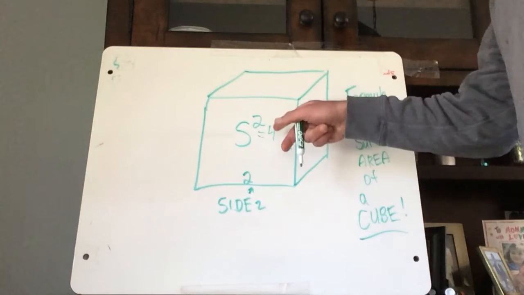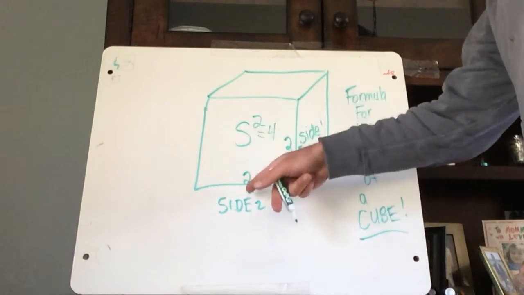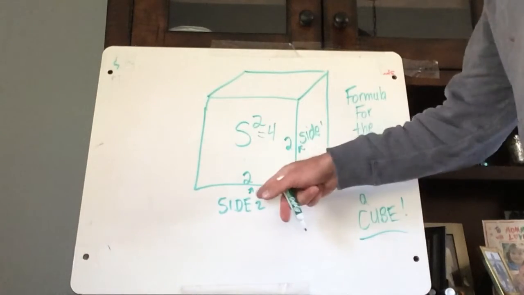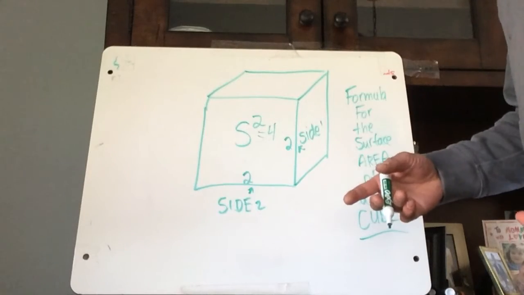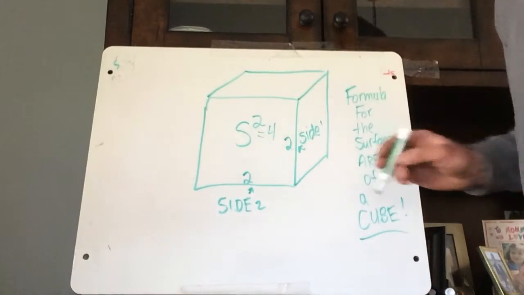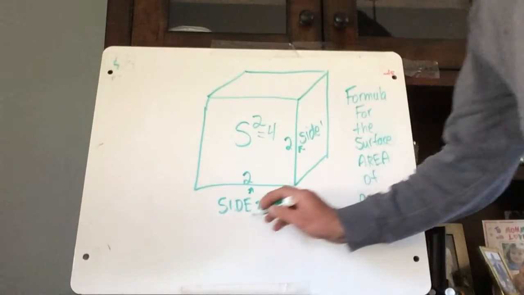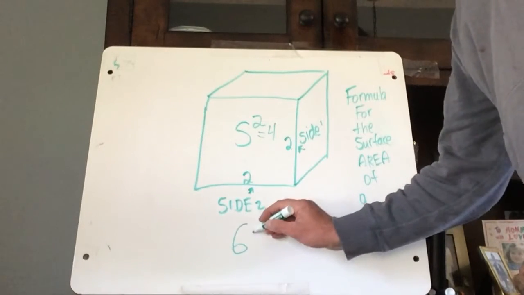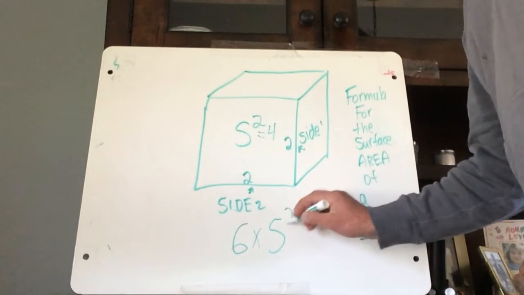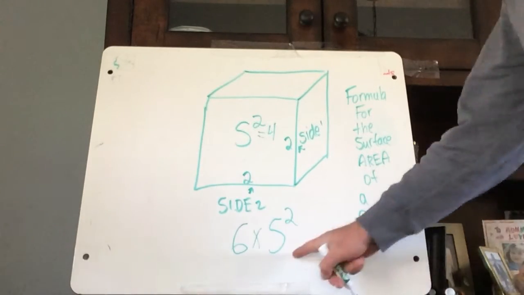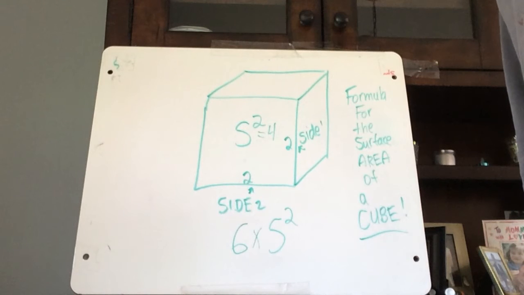So it's just 6 times side 1 times side 2. So the formula for the surface area of this shape is 6 times side squared, because each side is the same.